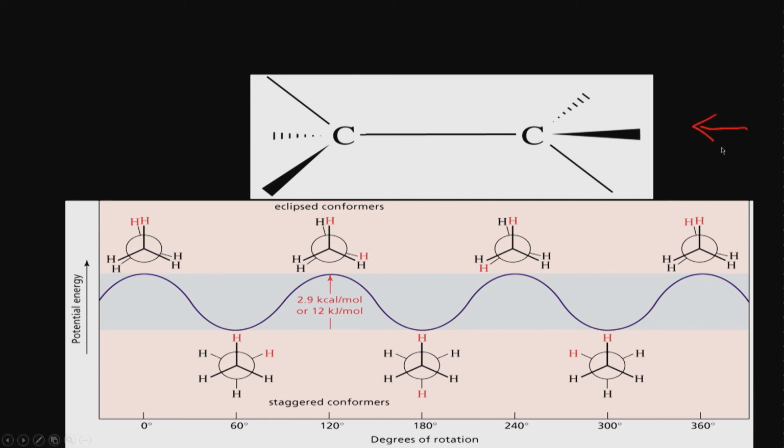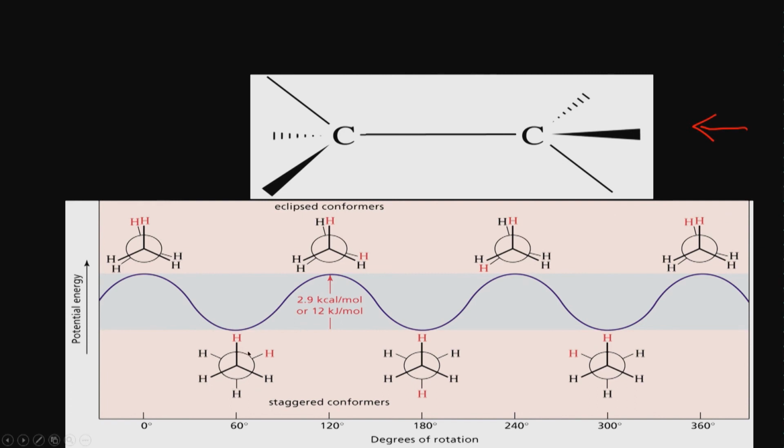Suppose you are looking at it like this, you may have the hydrogens almost exactly overlapping. That will have a higher energy, when the hydrogens are almost overlapping each other.